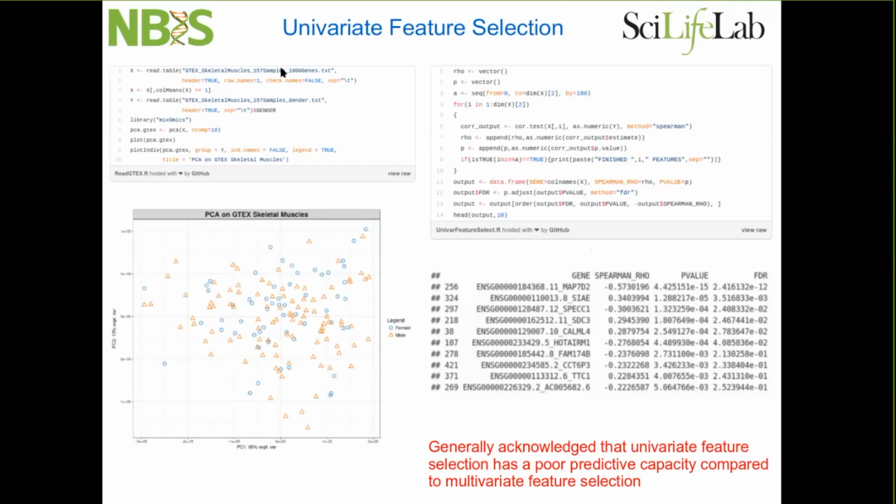If you take skeletal muscles for 157 individuals and make a simple PCA, one point is one sample, circles are females, and triangles are males.